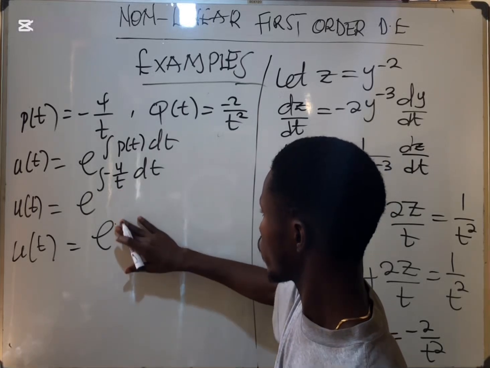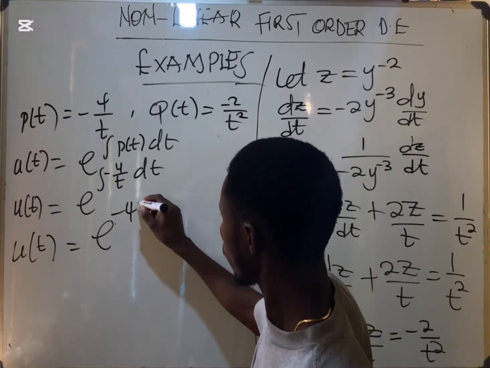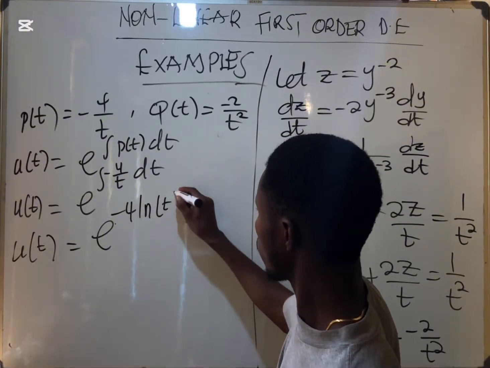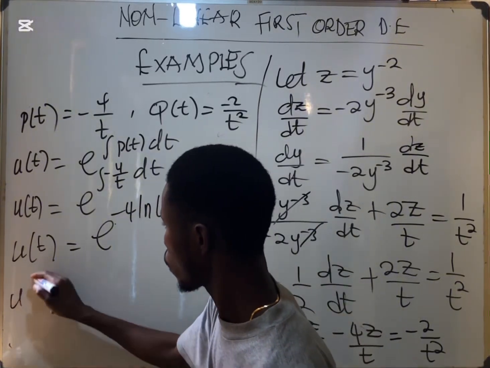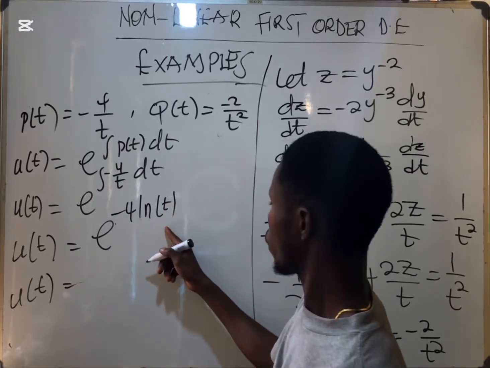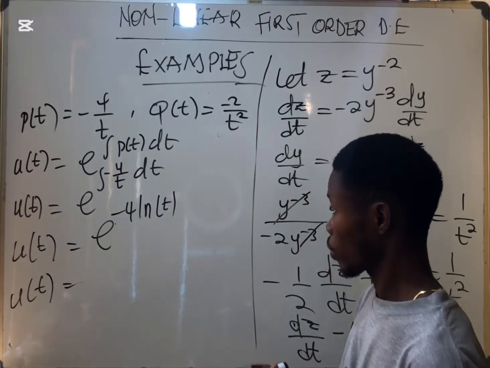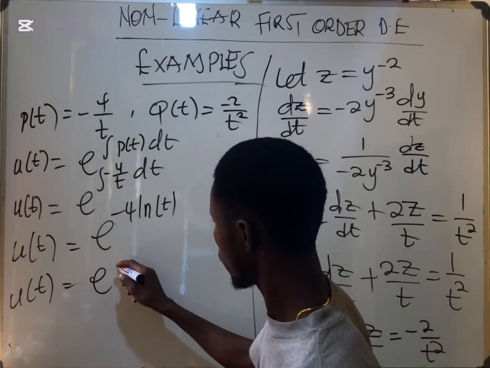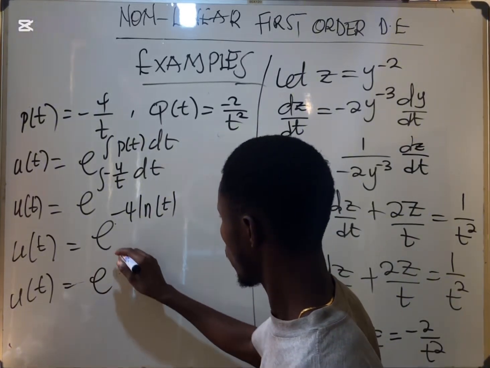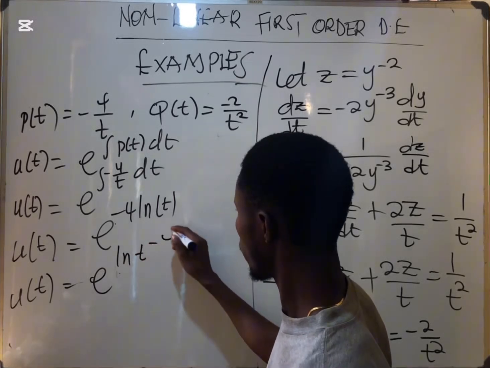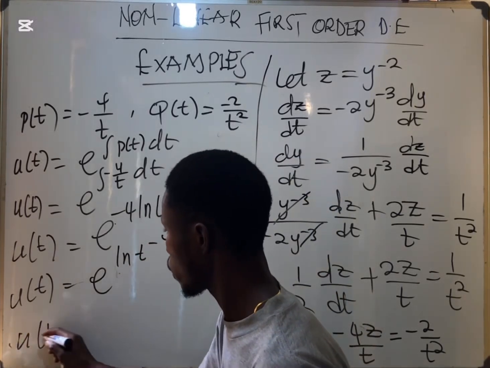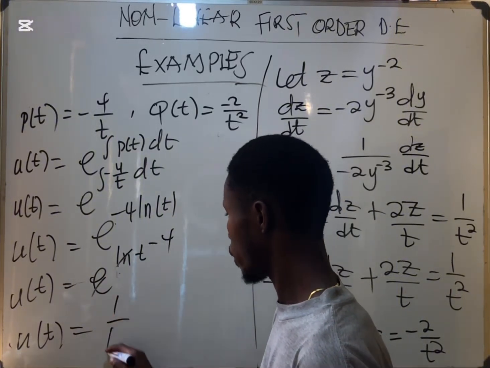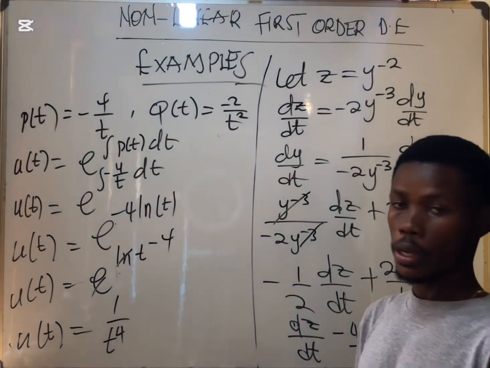When I integrate this, I'm going to have negative 4 ln t, and this will give us e to the power ln t exponent negative 4. So this will cancel this, and that will give us 1 over t to the power 4. This is what we have. Okay, good.